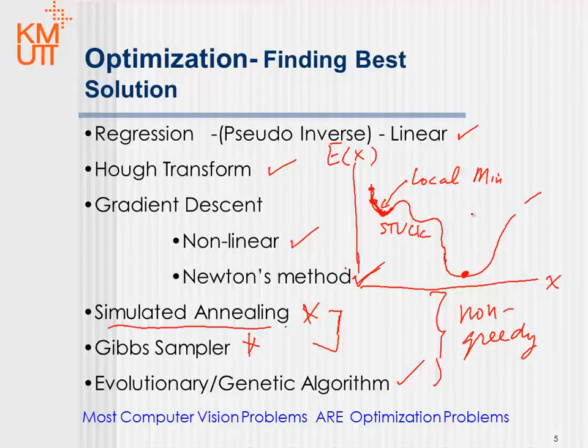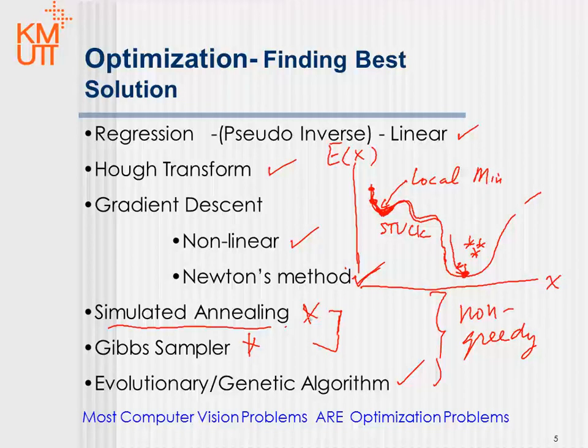And this is typical of greedy algorithms. They get stuck at a local minimum, but very often the local minimum is a good enough solution, but most of the times it's not. So you need to find a way of not getting stuck here, being able to jump out and look for a better solution. In this case, we want to look for this solution here, which is the global minimum.